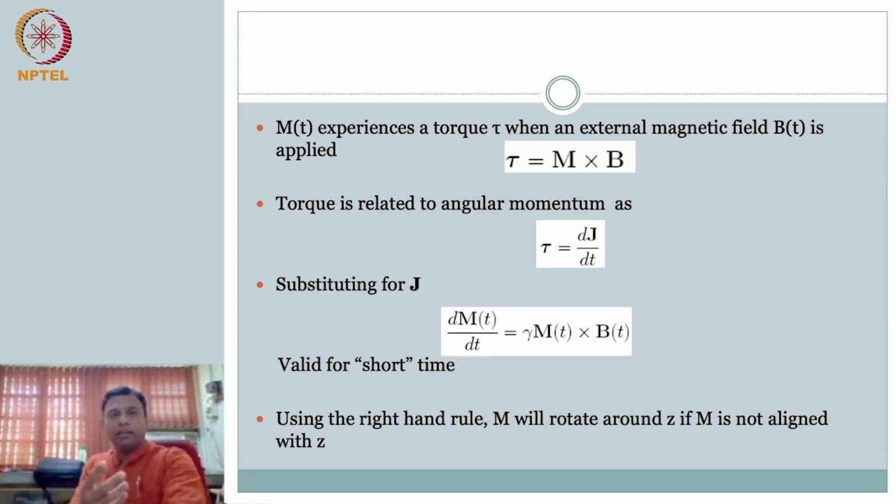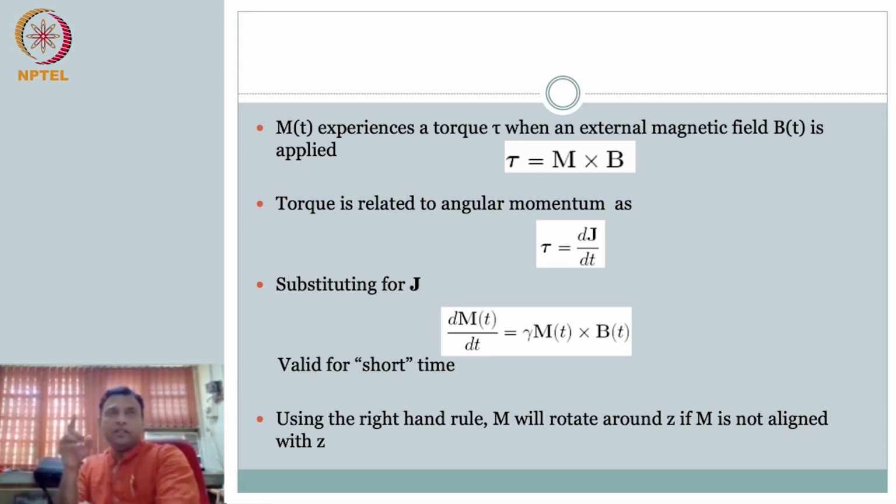So what is the linear counterpart? Force is equal to mass into acceleration. What is acceleration? It is the rate of change of velocity. So mass into dv by dt. So you can have d by dt of mv as the force governing linear motion, not the angular motion that we have here.